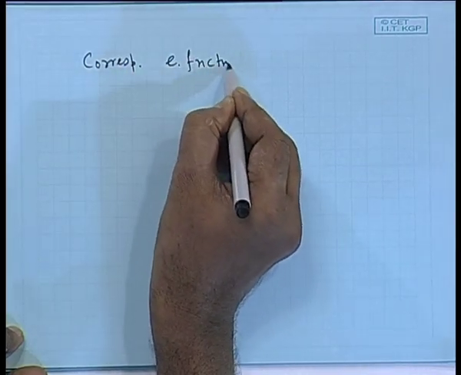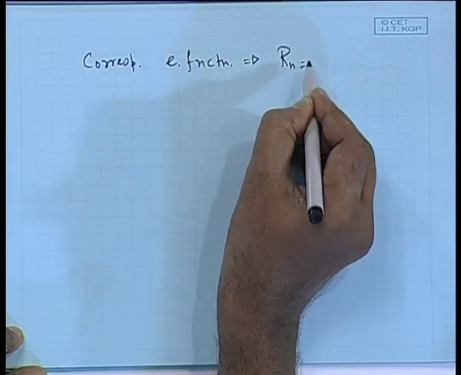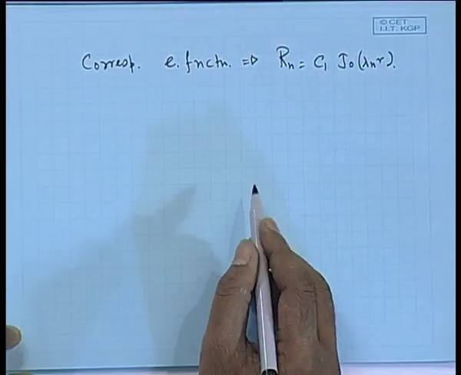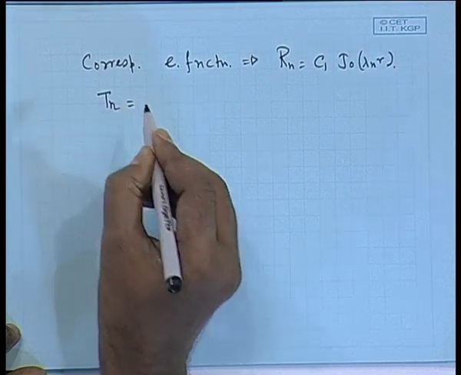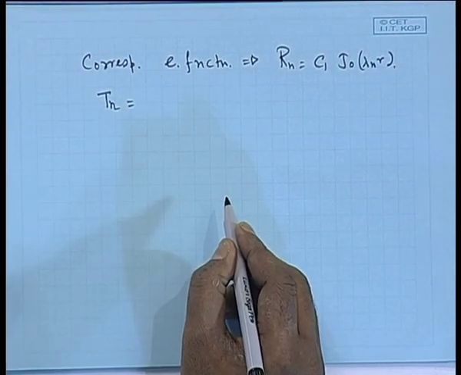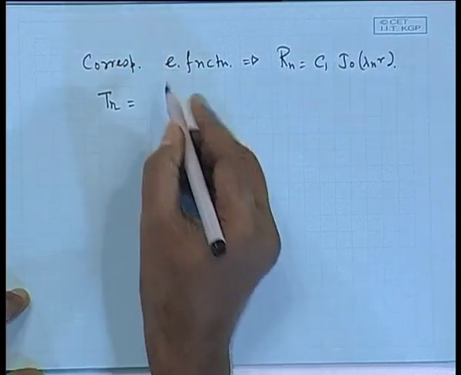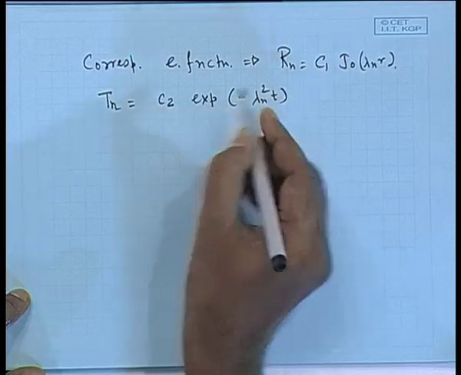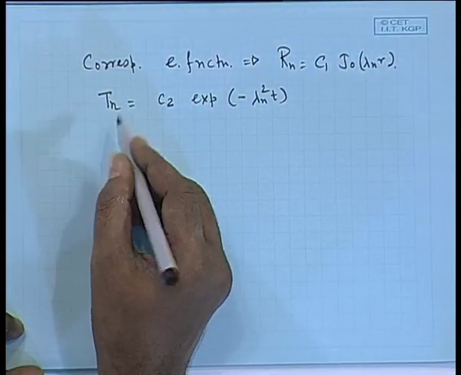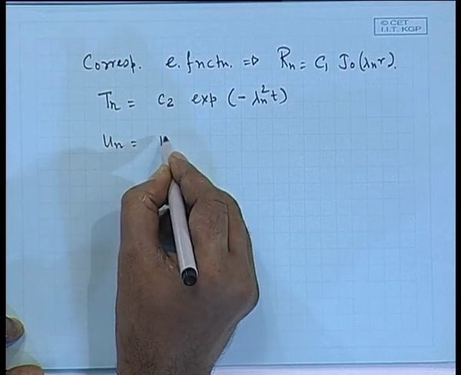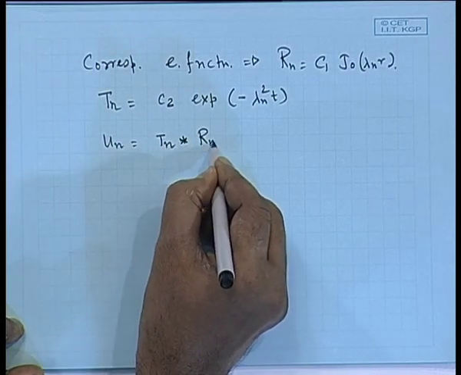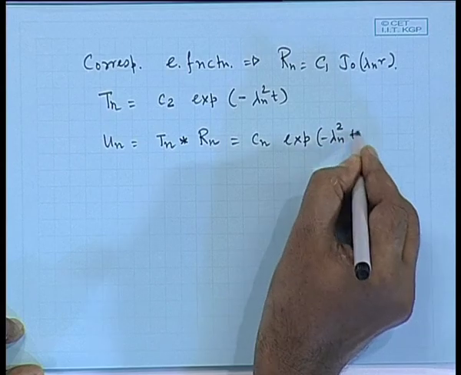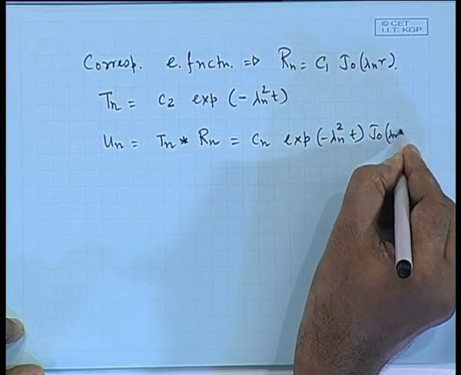Now you can go back to your time varying part for the nth eigenvalue, that will be nothing but C2 exponential minus lambda n square t, where C2 is some constant. So your complete solution becomes un, the multiplication of Tn and Rn, which becomes Cn exponential minus lambda n square t J0 lambda n r.